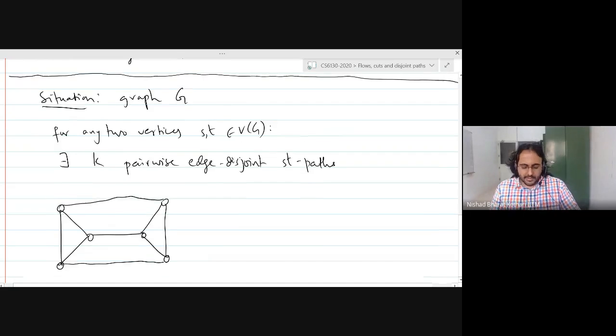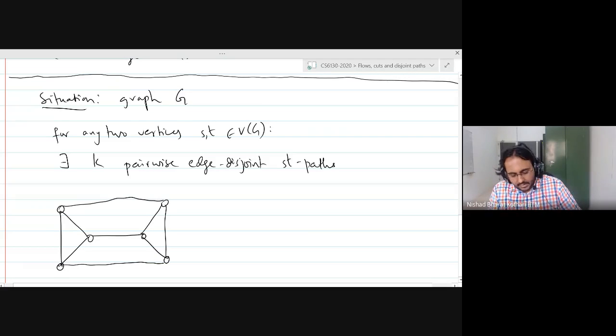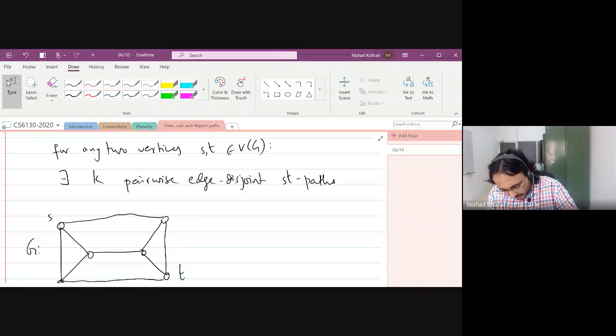Okay, so I'm giving you two vertices S and T, and between the two vertices there exist k pairwise edge disjoint ST paths. What do I mean? So supposing this is your graph G, and this is S and this is T, then I'm going to set k to be equal to 3. So think of k as 3.